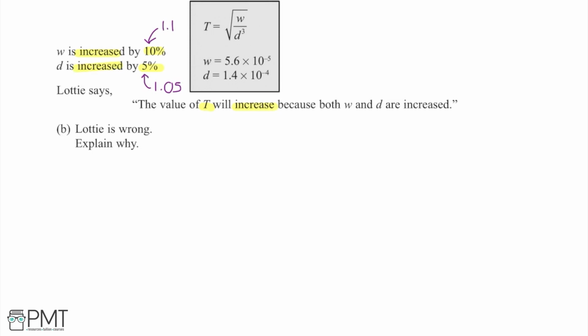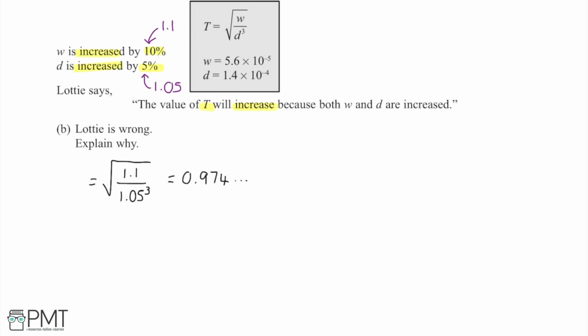So we take the expression we had before and take the square root of the scale factor for w, 1.1, and divide that by the scale factor for d, 1.05, cubed, because we have d cubed here. And that gives us an answer of 0.974, etc.